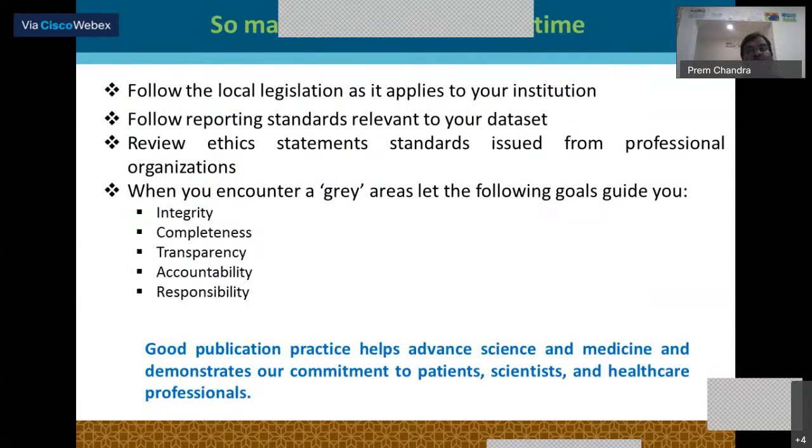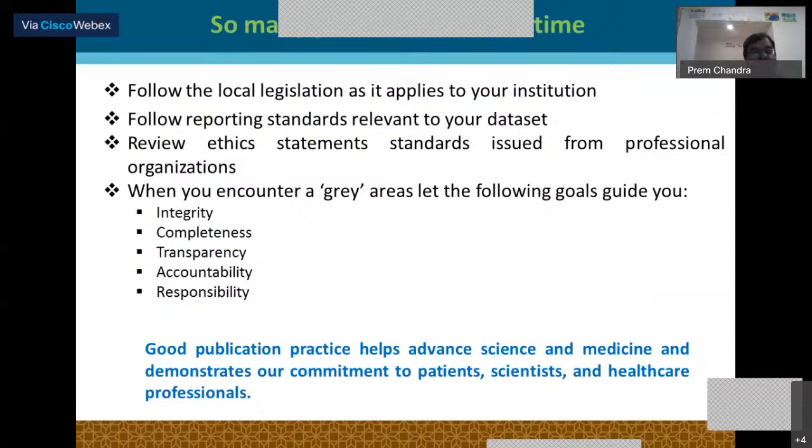So the question is, there are so many guidelines, so little time. So what to do? We have plenty of guidelines and very little time. Follow the legislation as it applies to your institution. Follow the reporting standards relevant to your data set. Look at what the key components and key standards are that I need to use when I conduct such a specific type of RCT.